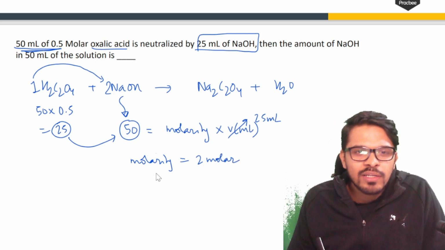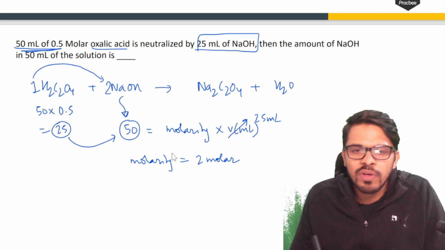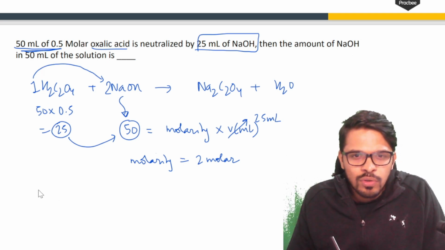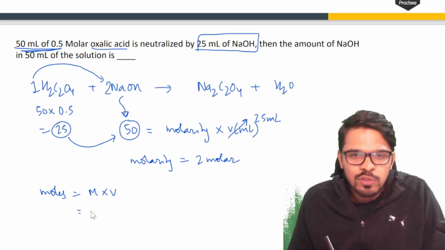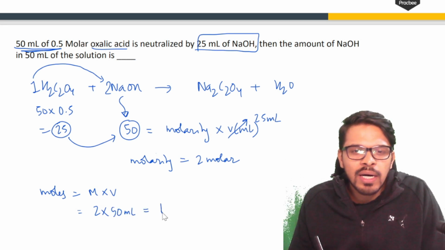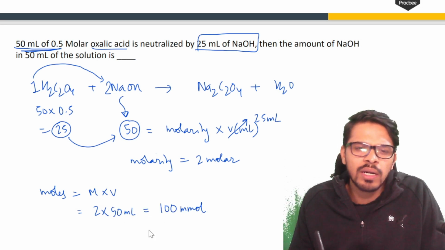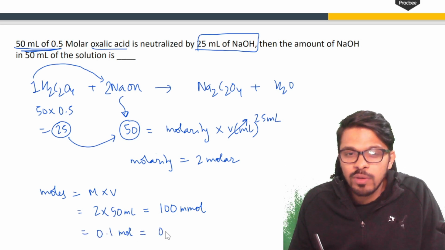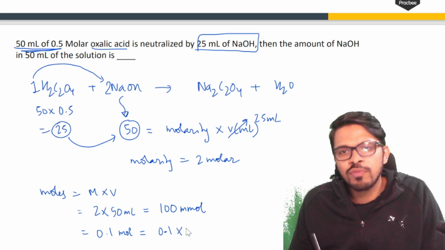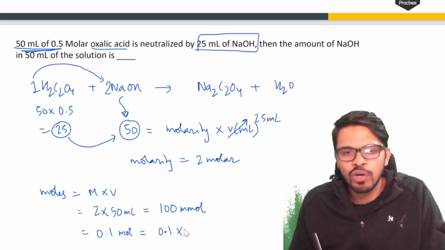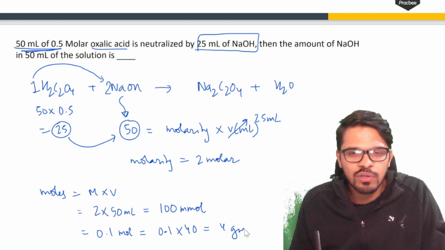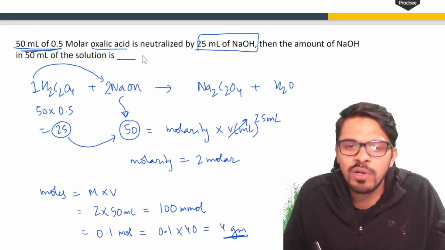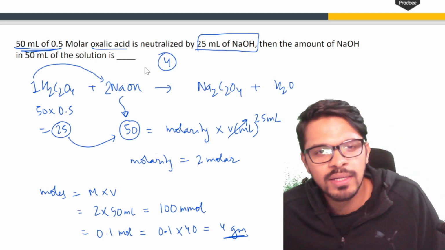If the molarity is 2 molar and they are asking the amount of NaOH in 50 ml, the number of moles would be molarity into volume. So molarity is 2 into the volume 50 ml, so I have 100 millimoles. 100 millimoles is equal to 0.1 mole, and 0.1 mole into the molecular mass of NaOH, which is 23 plus 16 plus 1, 40. So we have 4 grams of NaOH in 50 ml of the solution. The correct answer is 4.